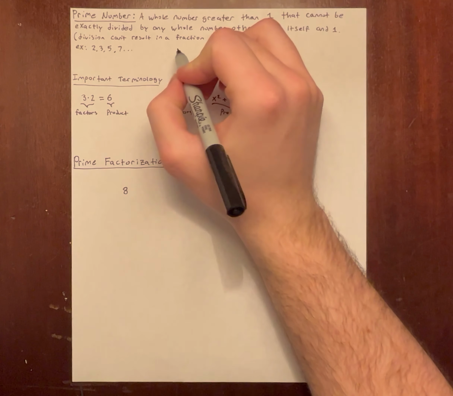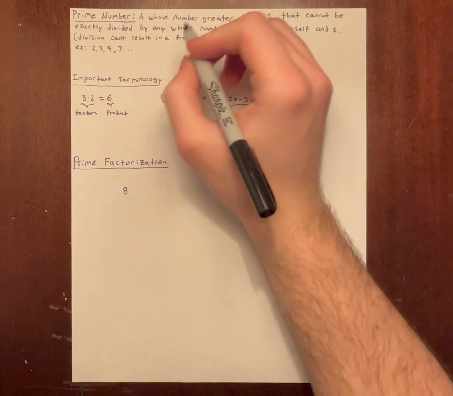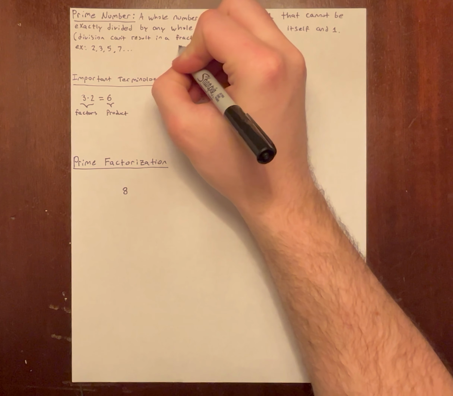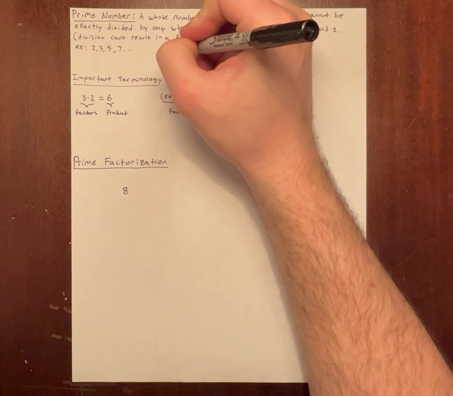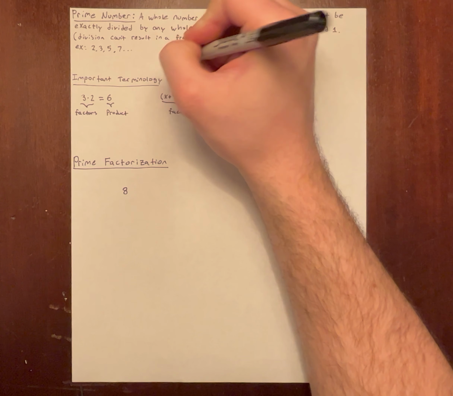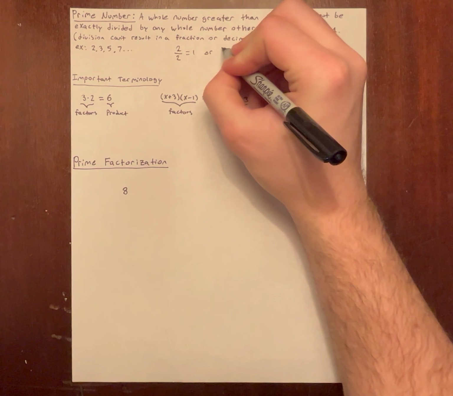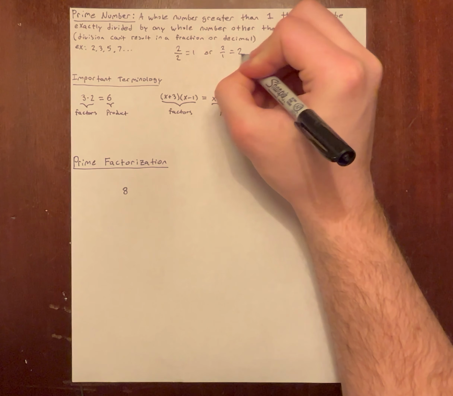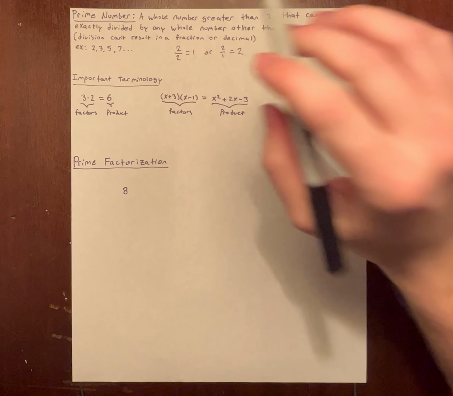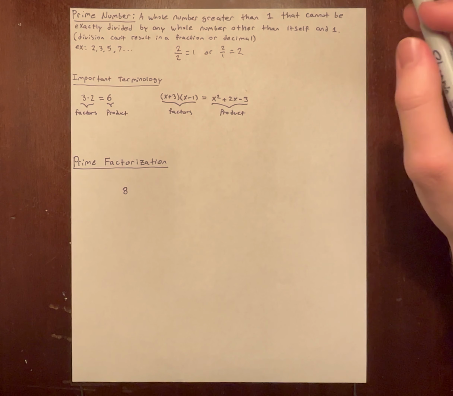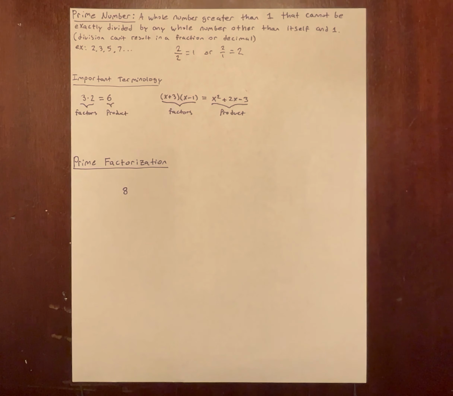I want to show that 2, for example, is a prime number because, like our definition says, we can only divide 2 by either 2 or 1 and still get a whole number. Any other number, if you divide 2 by that number, will result in either a fraction or a decimal, but it will not result in a whole number.